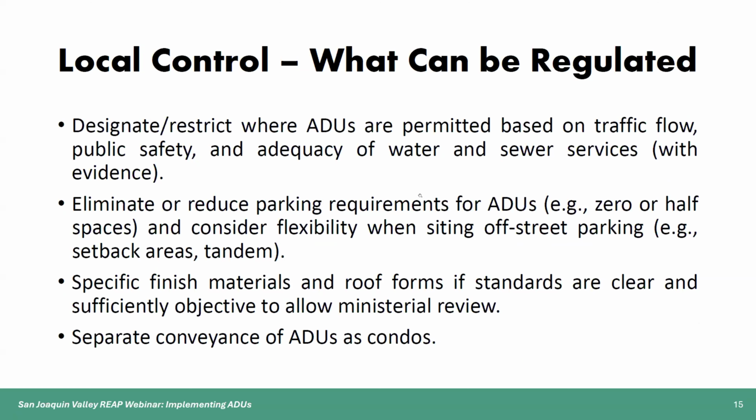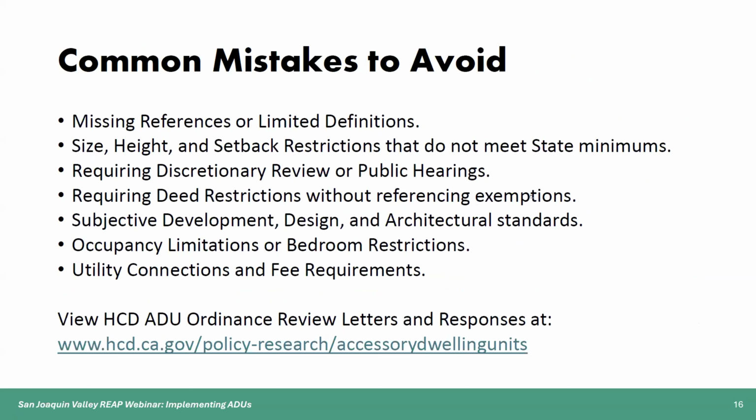So some common mistakes to avoid: missing references or limited definitions, any sort of restrictions that do not meet state minimums, requiring discretionary review or public hearings to a certain extent. I've seen some agencies get creative with the state exempt ADUs, and then anything beyond that, there is some discretion I've seen.